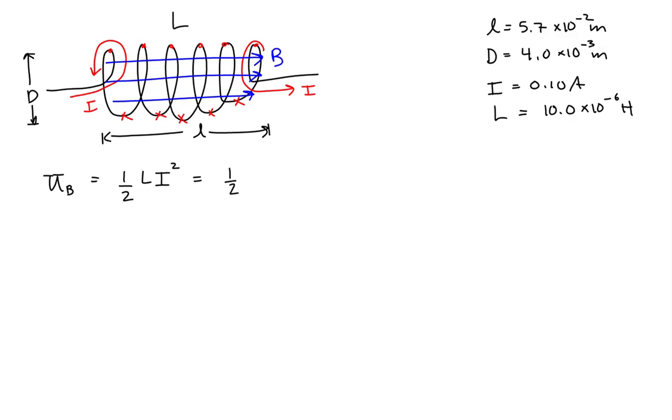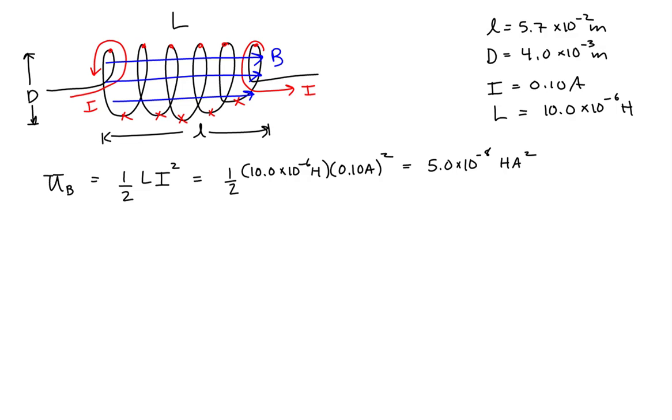We have the inductance, which is equal to 10.0 microhenries. And we have the current, which is equal to 0.10 amps. When I plug this into my calculator, I get the value of 5.0 times 10 to the minus 8 Henry amp squared.